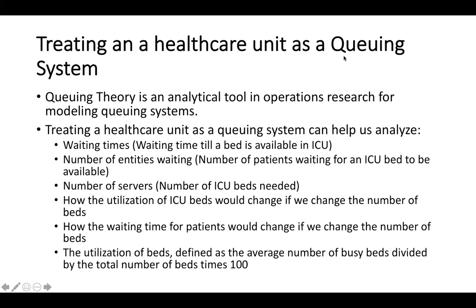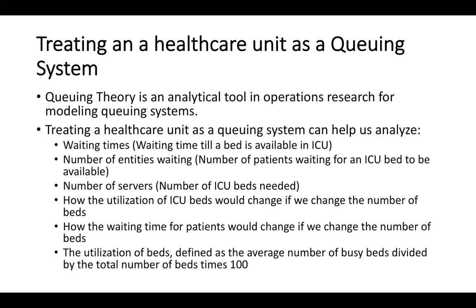The theory, or the techniques, that we use to model and analyze queuing systems is called queuing theory. Queuing theory gives us a set of analytical tools that we use to model, analyze, and improve queuing systems. It is one of the tools covered under the umbrella of operations research, stochastic operations research.